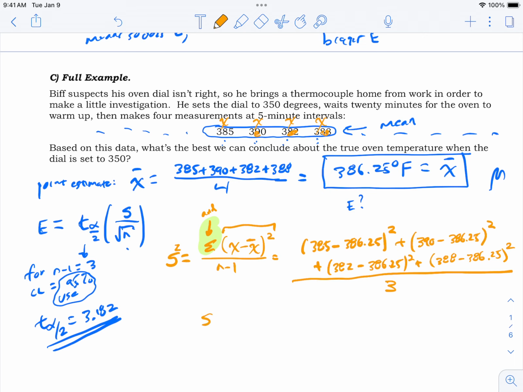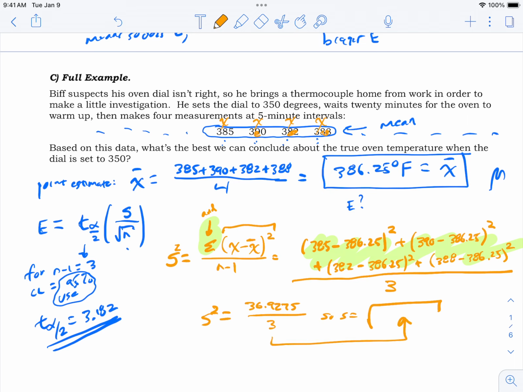So you come up with s squared equals, and you got to be very careful adding that stuff all up. When I just did this part, I ended up with 36.9275, and that's being divided by 3. Now remember, we want to take the square root of that stuff.